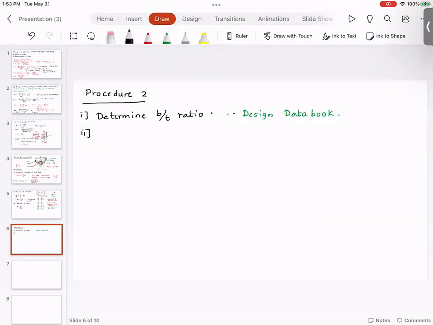Second step is determine the effective length. And this effective length is decided based on the geometry.